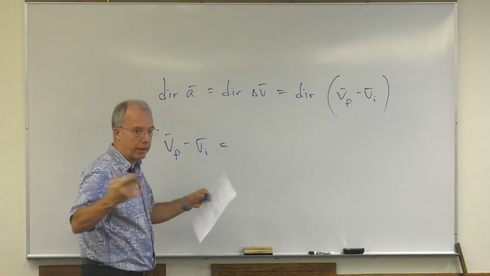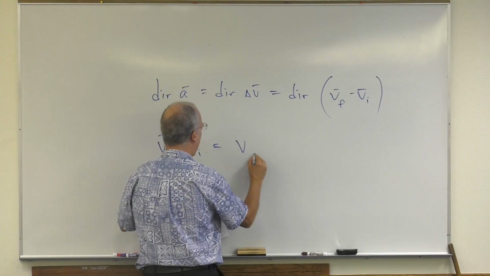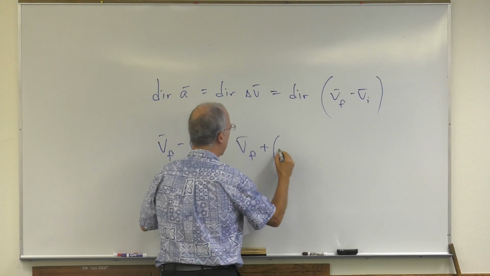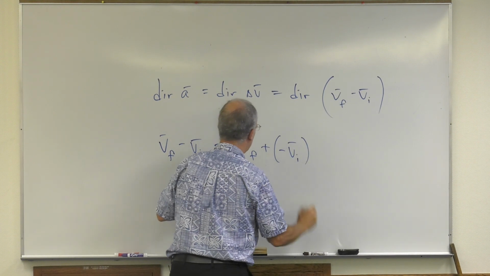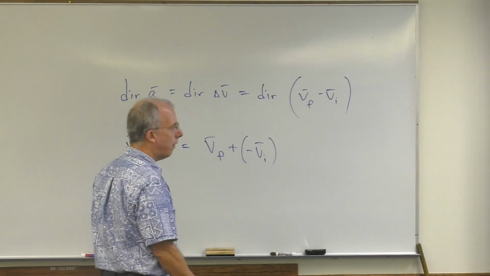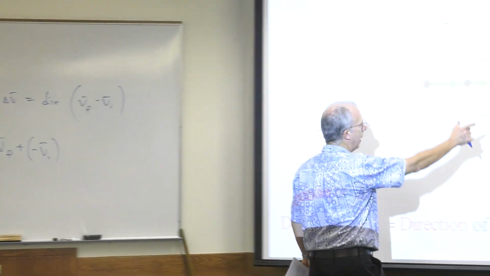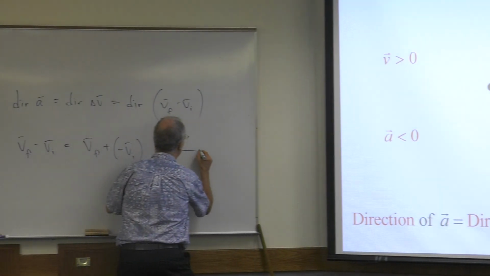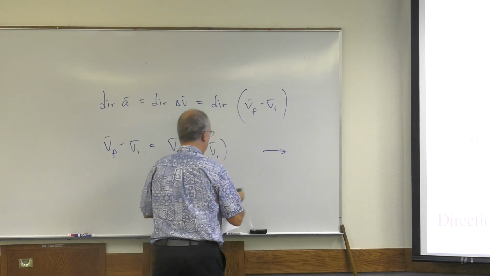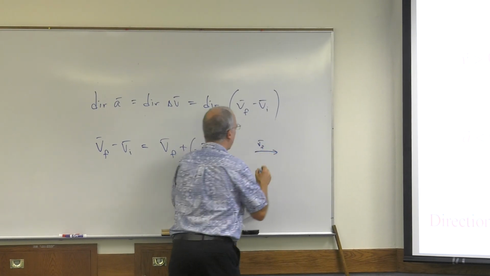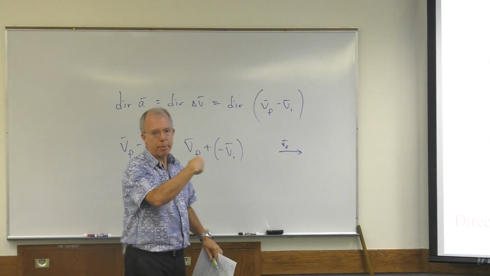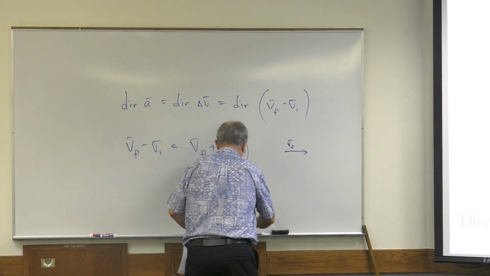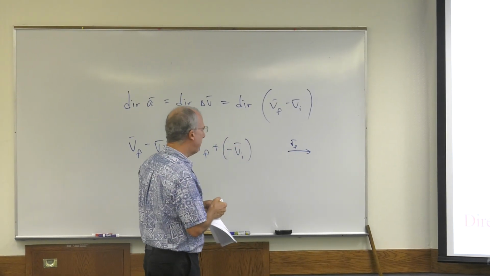Well, again, vector subtraction. That's v final plus minus v initial. So let's do it. Okay, so v final is this little guy. So there's v final. Now, I'm not going to draw it on top of it because it's too hard to see, right? So that's v final.